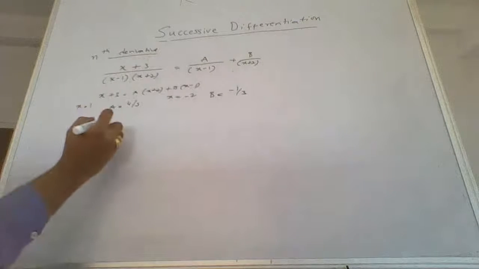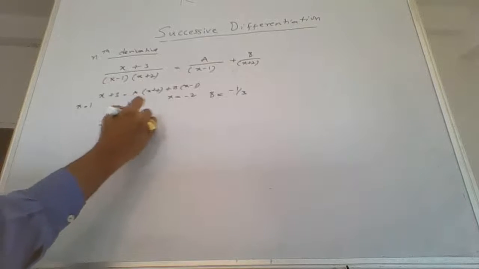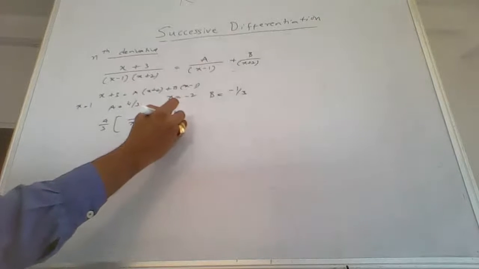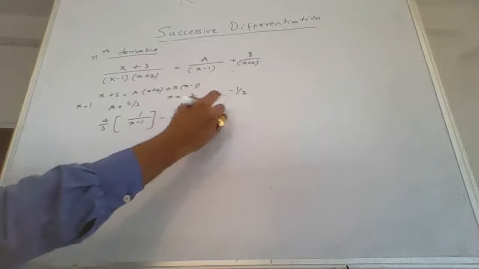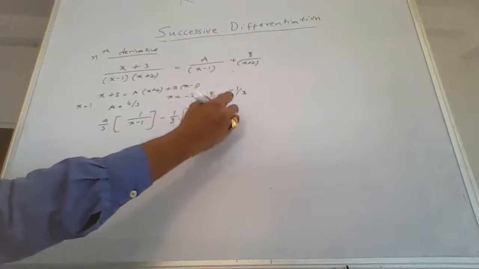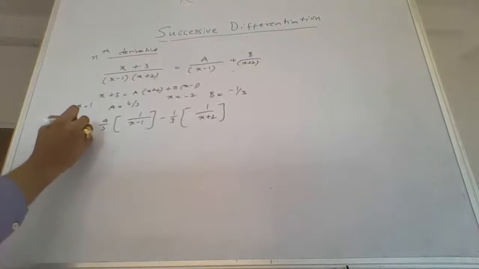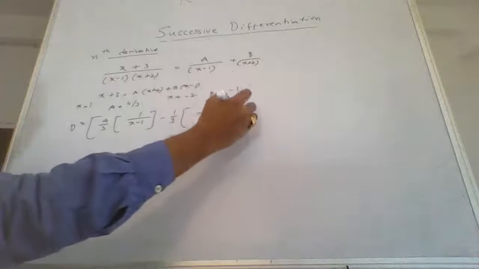So I got 4 by 3 times 1 by x minus 1, and 1 by 3 times 1 by x plus 2. Now let us find the nth derivative of this.